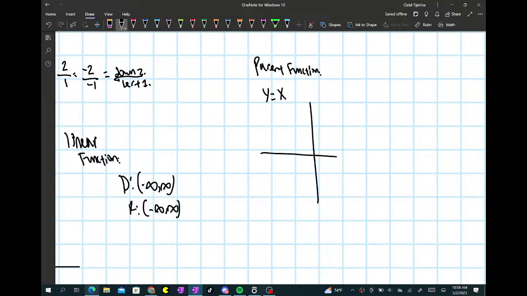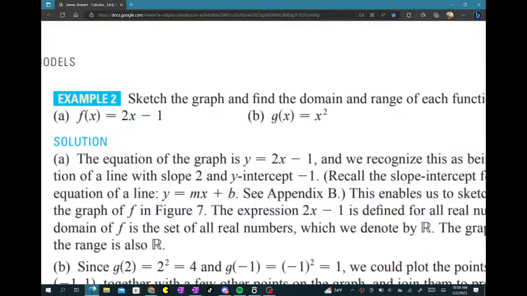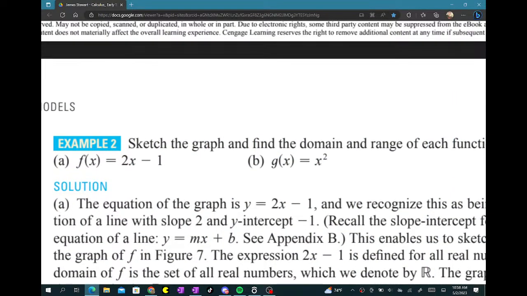So it looks literally like a straight line through the origin. And again, the domain and range from negative infinity to infinity. And that is for linear functions, right? For part B, this one is a quadratic.